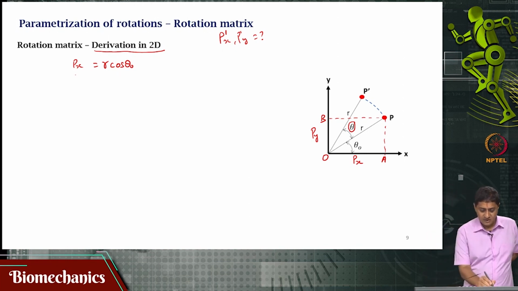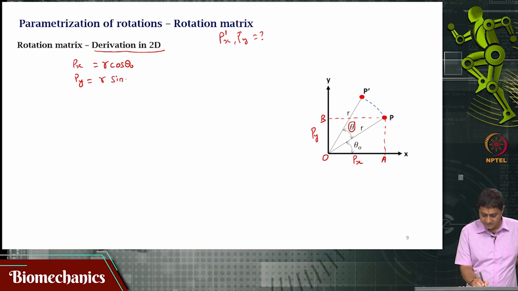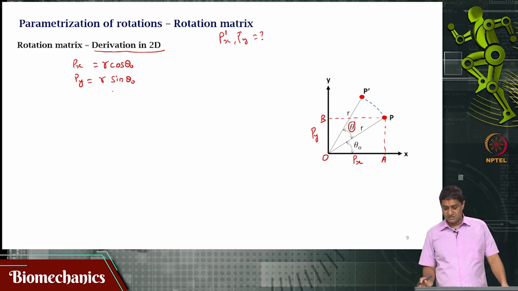What is the value of Py? Likewise, Py is r sin theta naught, because this is Py, this is also Py, is it not? In the right triangle OAP, that is the opposite side.